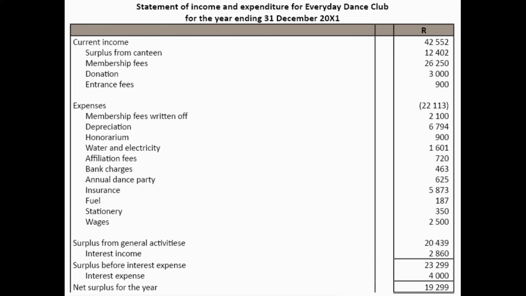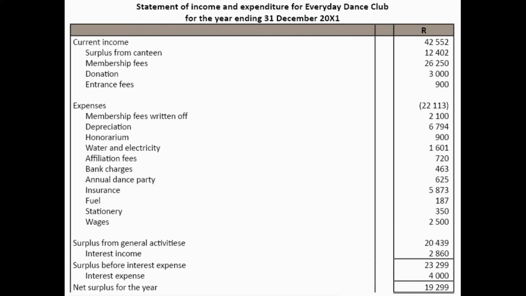Insurance, there was an adjustment for insurance. The total is now 5873. Fuel 187, there was also an adjustment for that. Stationery 350. Let me see, stationery. Yes, there was an adjustment for stationery as well. Oh, not an adjustment, sorry. I think you got that amount from the cash book.